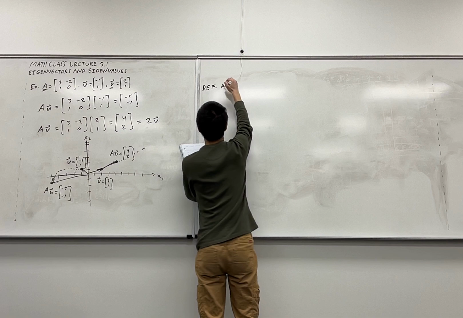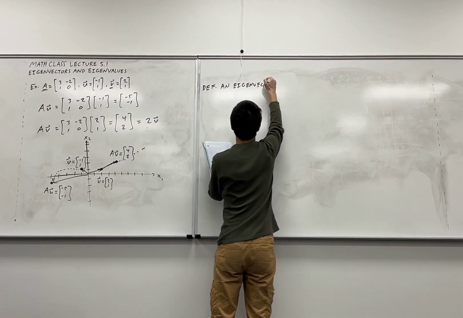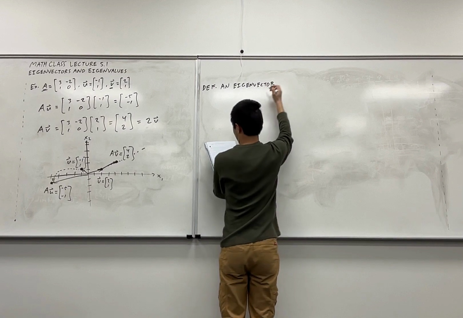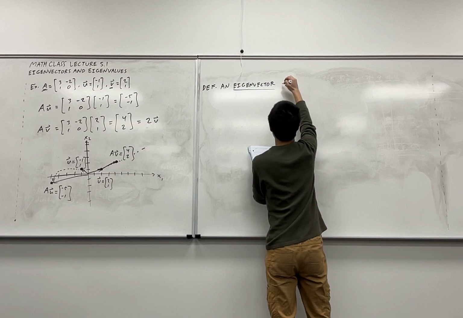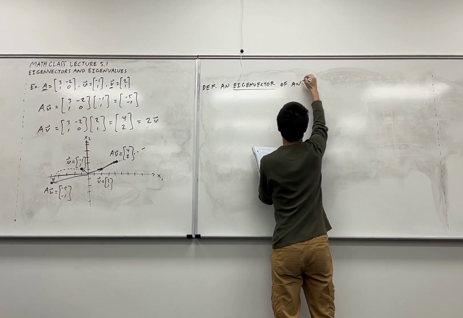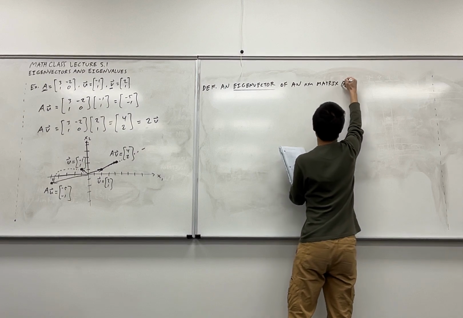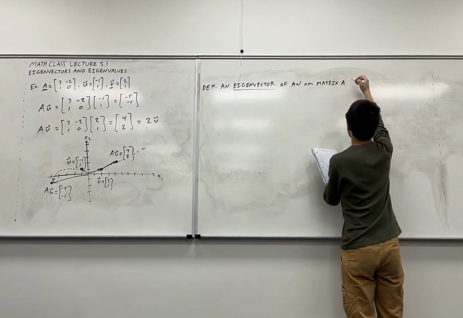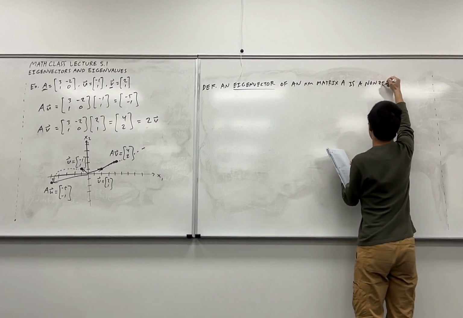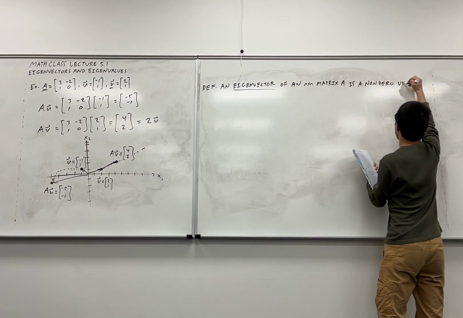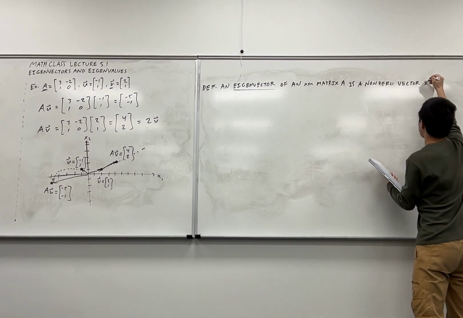An eigenvector of an n by n matrix A is a non-zero vector, such that, well, we can call it x so we have a way to reference it.